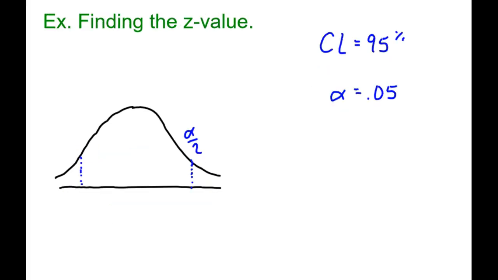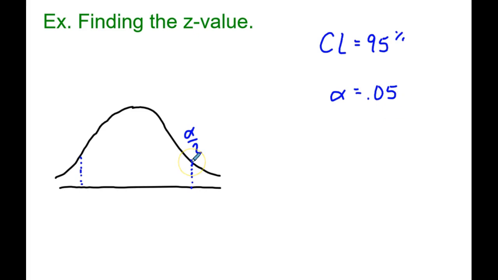Now we're going to go through an example of actually finding that z value using the table. We're going to stick with what we started with on the previous slide. The confidence level is going to be 95%. I'd say that's probably the most common confidence level used. We simplified that formula to isolate alpha, which we found to be 0.05. Then we related that to our bell-shaped curve.